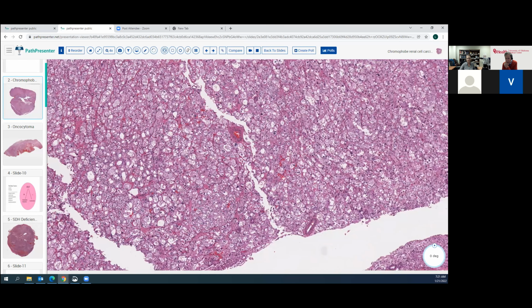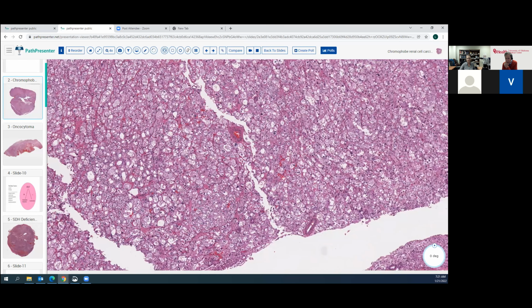Other entities would include a high-grade clear cell renal cell carcinoma, because remember how I mentioned that as clear cell gets more and more high-grade Fuhrman grading, it turns more pink. Another entity to consider is a type 2 papillary renal cell carcinoma.